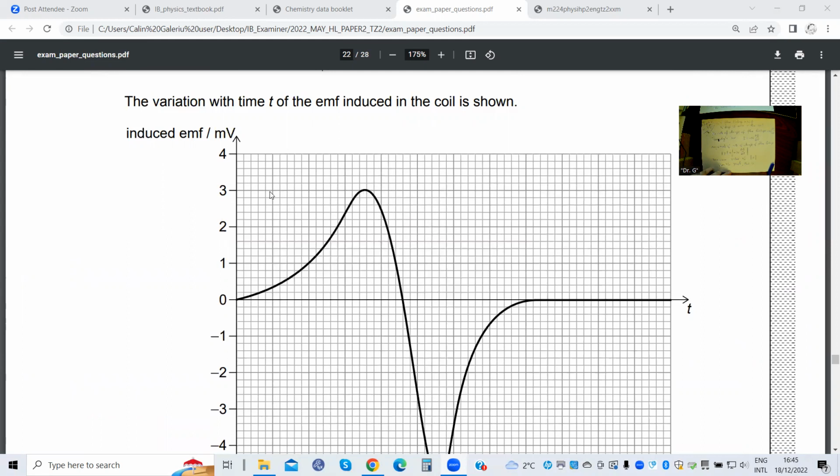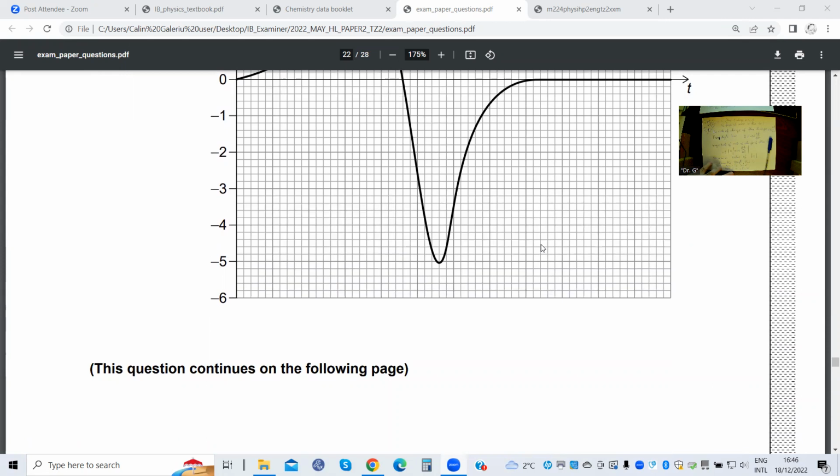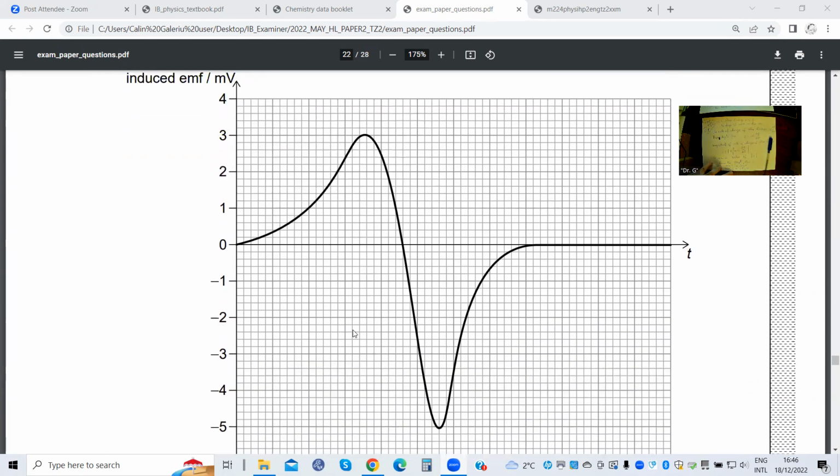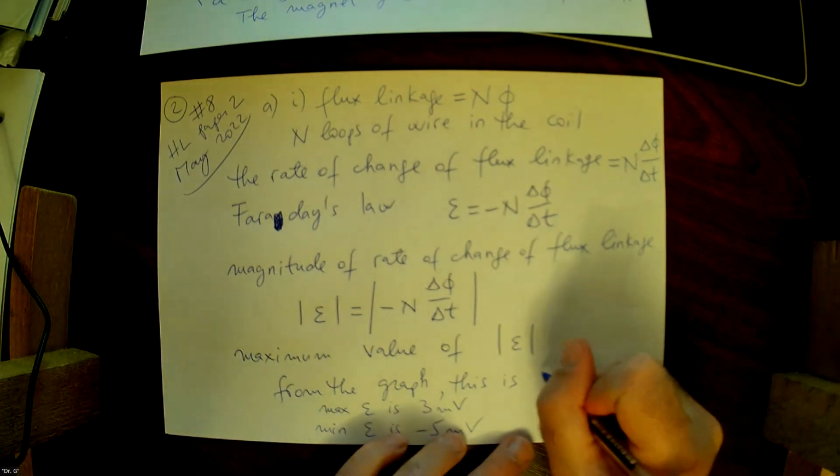Well, here I have 3 millivolts, yeah? Max E is 3 millivolts. Minimum E is negative 5 millivolts. But because I have to take the magnitude, the absolute value of this, the answer is 5 millivolts.